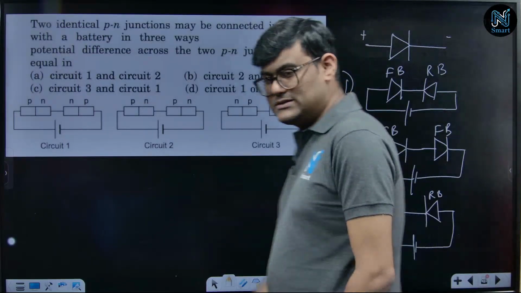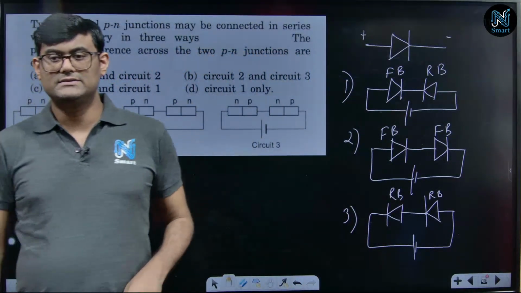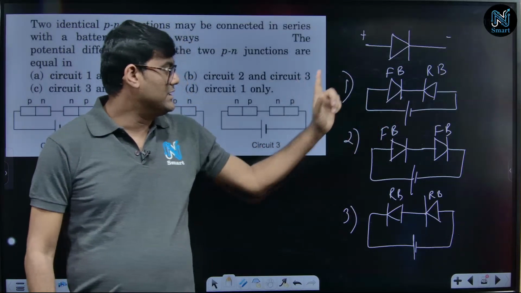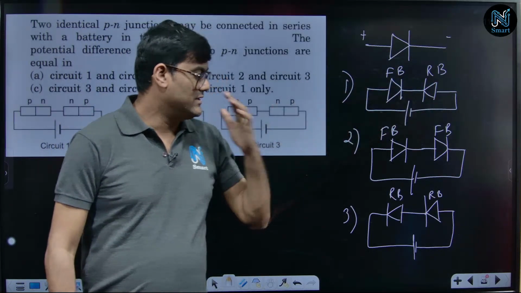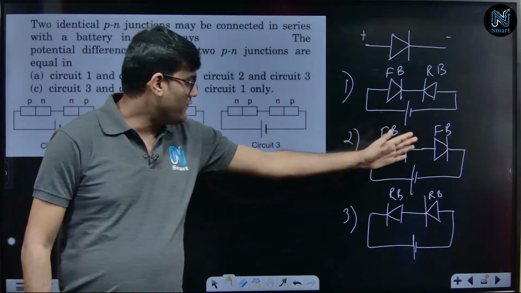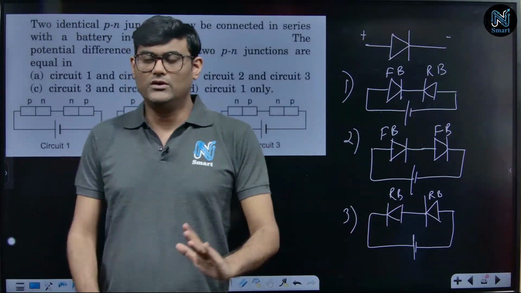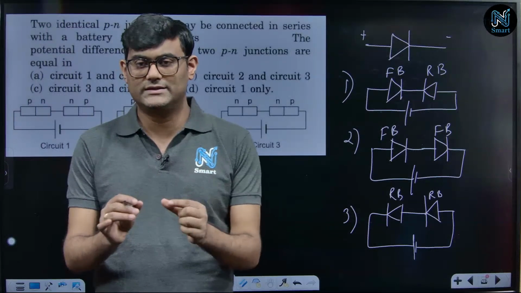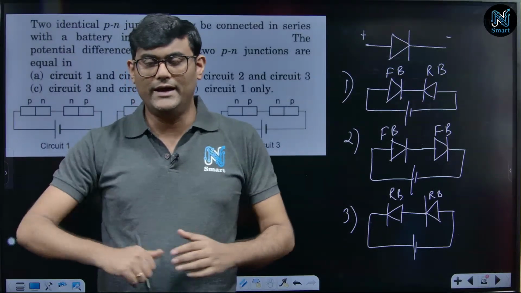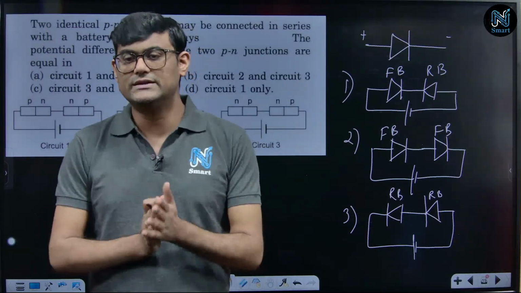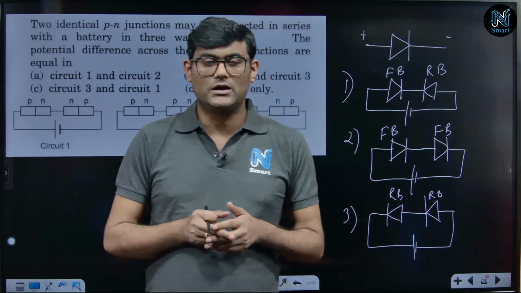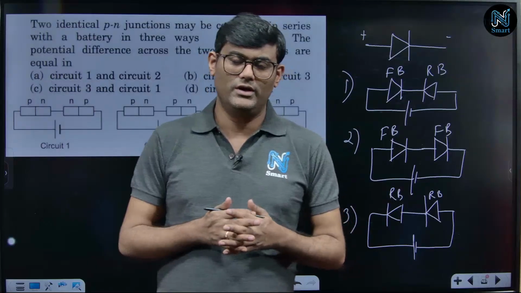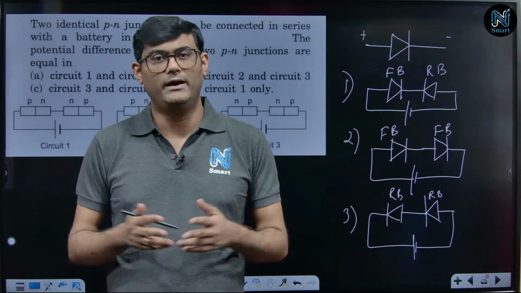So in these three circuits, you can see that in the first circuit, one diode is forward and another is reversed. In the second, both are forward; in the third, both are reverse biased. You should understand that a diode offers very small resistance in forward bias; in an ideal diode, we consider this to be zero. But a diode offers a very large resistance in reverse bias; in the ideal case, we denote it by infinity.